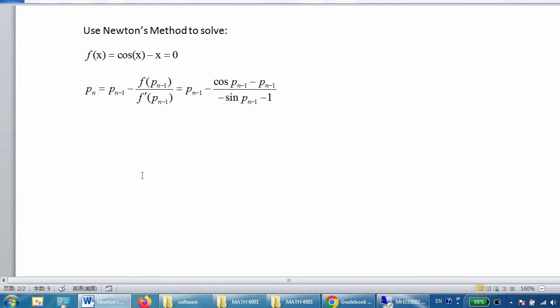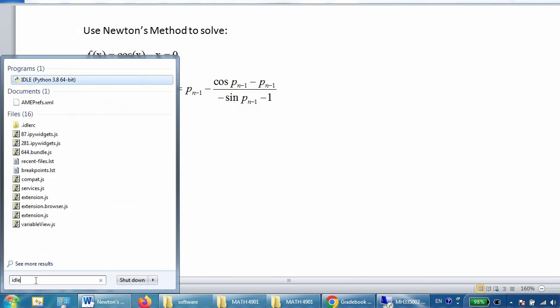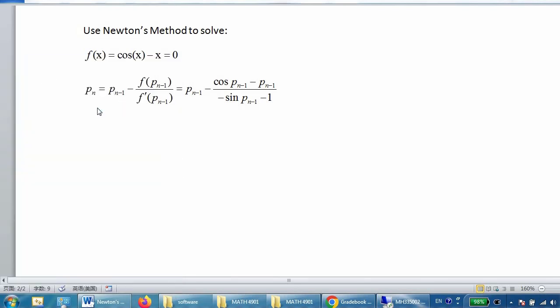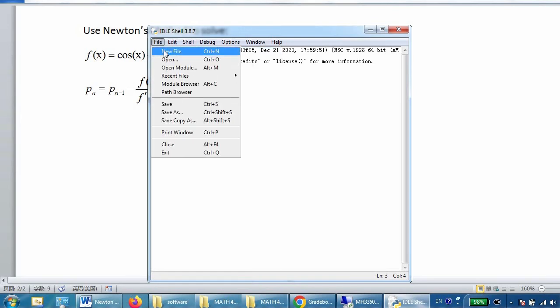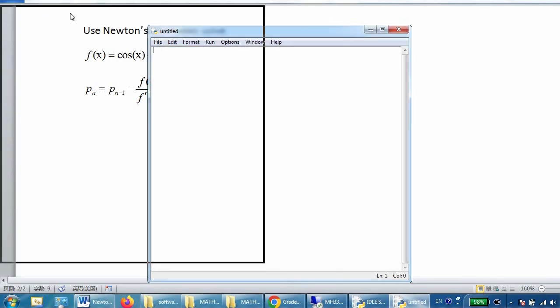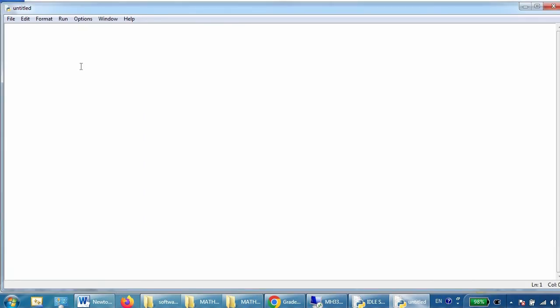Now we can start to program. We open IDLE, click it, and we can build a new file. Since the Newton method is very similar to the fixed point iteration method, I will directly copy the fixed point iteration code here.